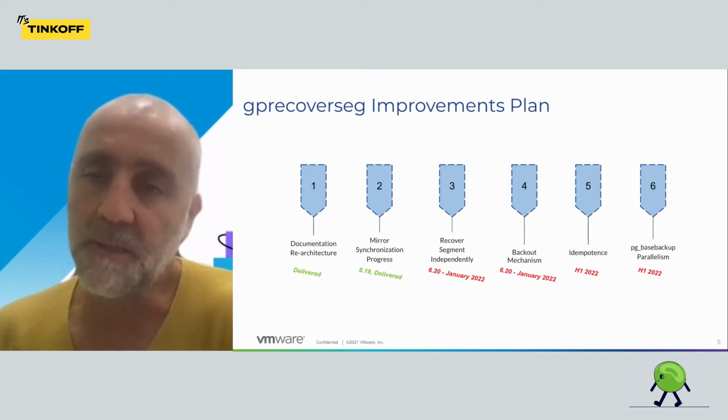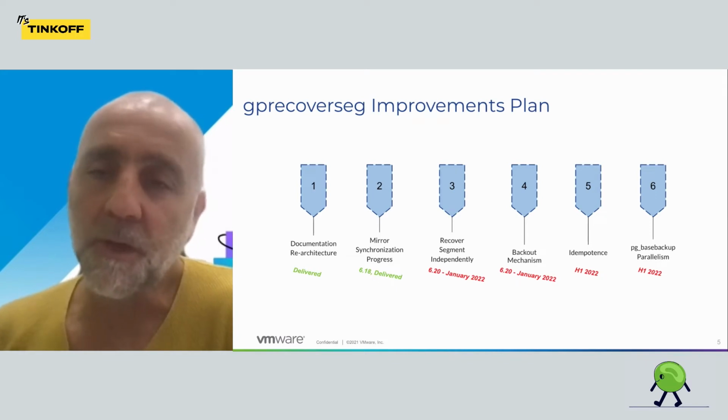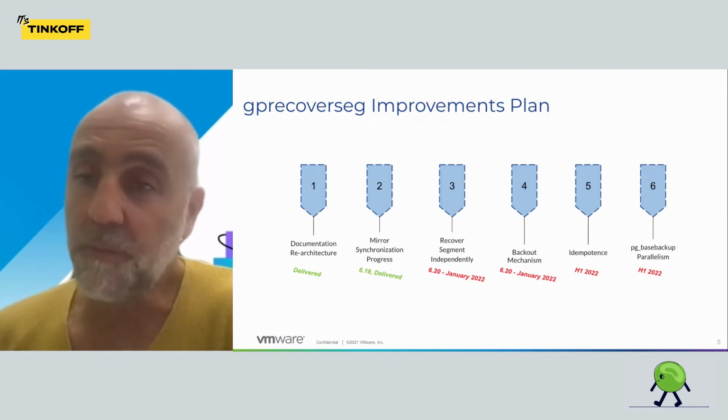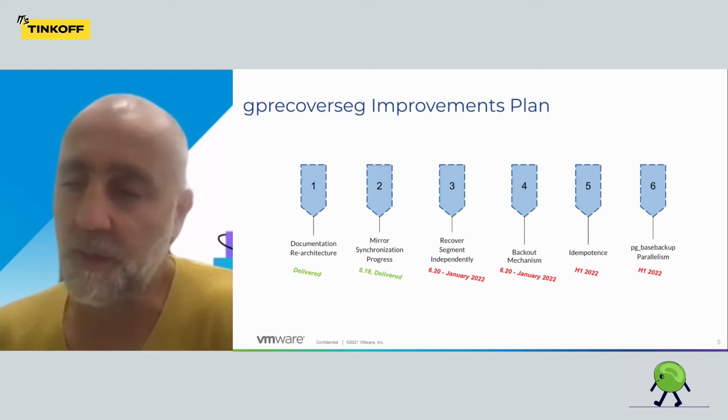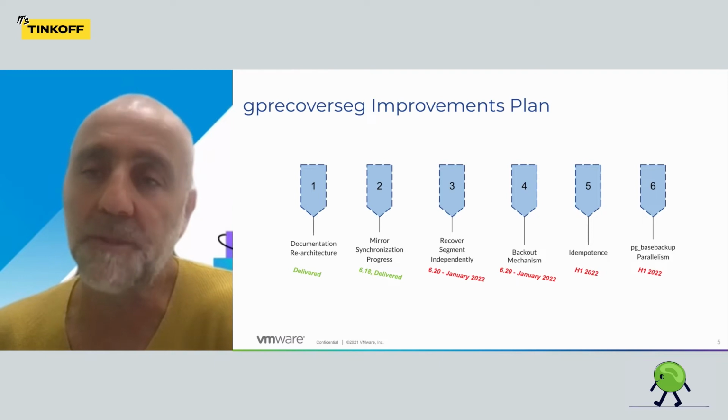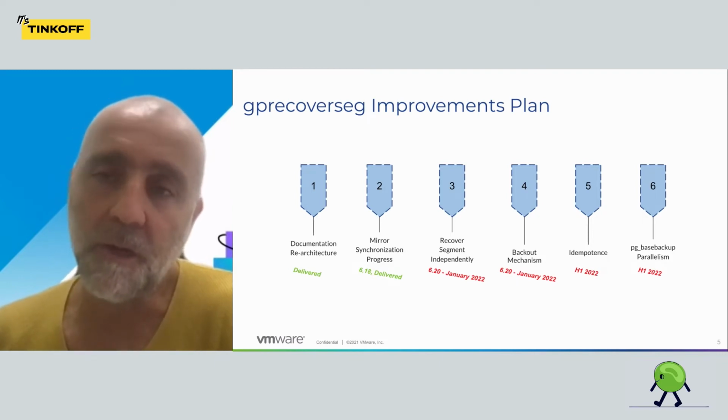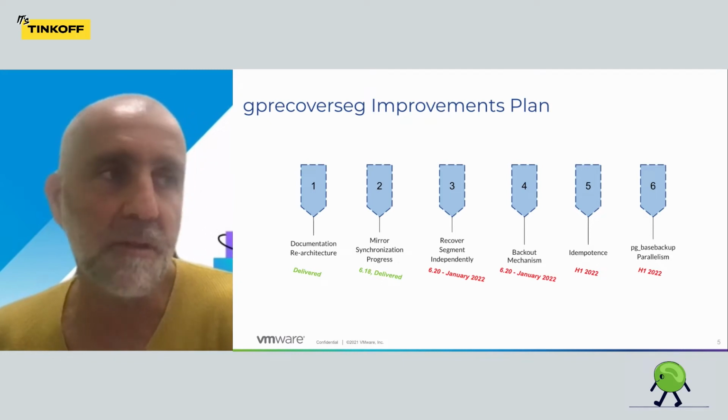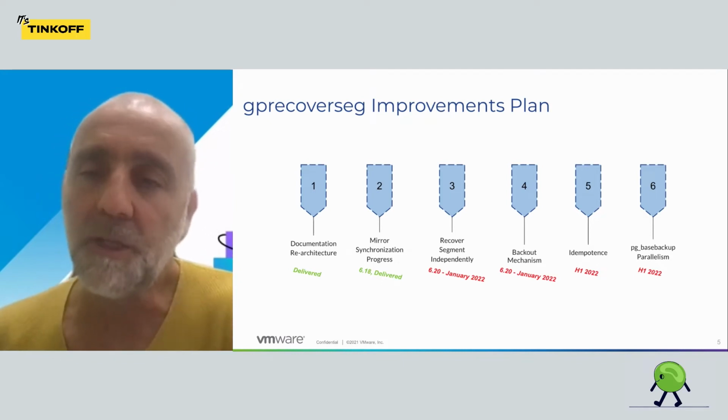In the next releases, the good news is that release 6.19 will be available tonight, so you will be able to download it from the VMware website. And by the end of January, we'll have another important release, 6.20, with additional improvements in the Recover Seg utility. The first one is the ability to recover segments independently.